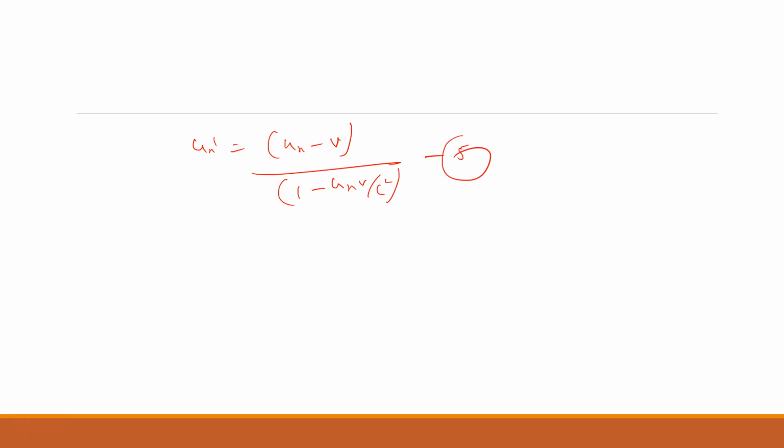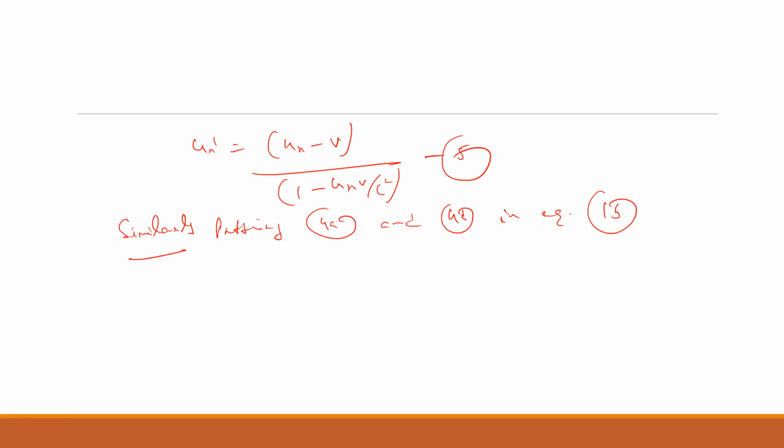square, equation number 5. Similarly, by putting equations 4a and 4d in equation 1b, then we will divide the numerator and denominator of the right hand side with dt. Same steps.